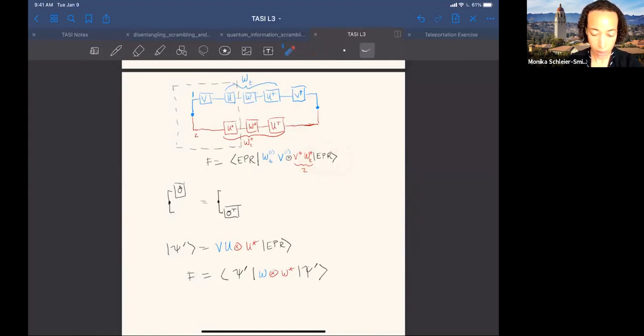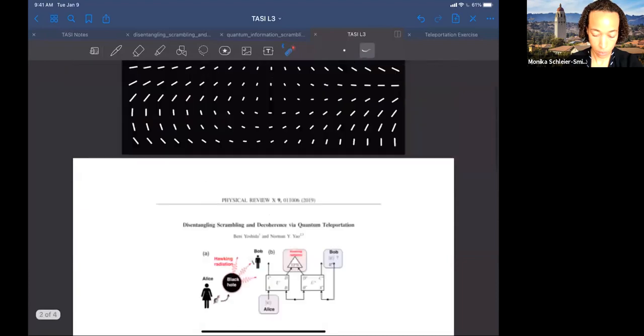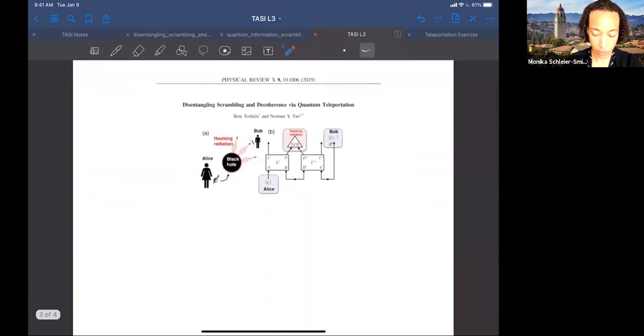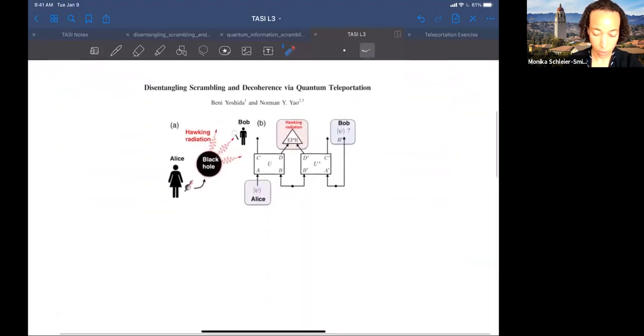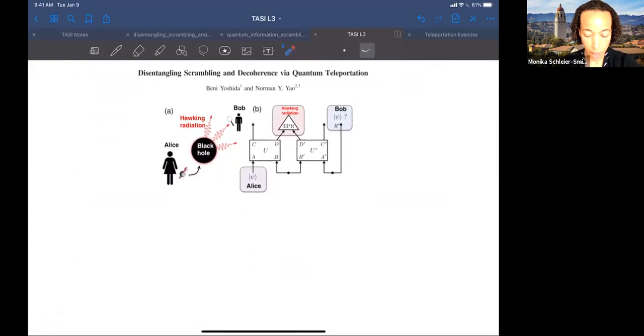by, let me just copy a picture. So I've copied this nice picture. This is inspired by a thought experiment due to Hayden and Preskill about the question of if Alice, in the original paper, Alice throws her diary into a black hole because she's trying to hide her private thoughts.